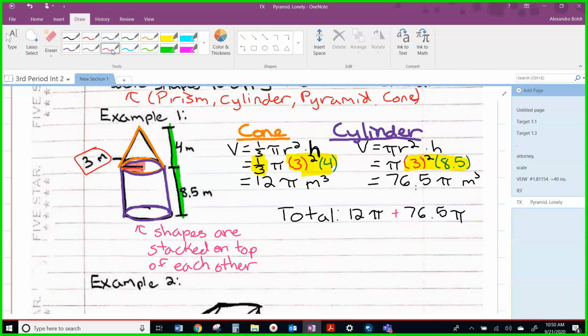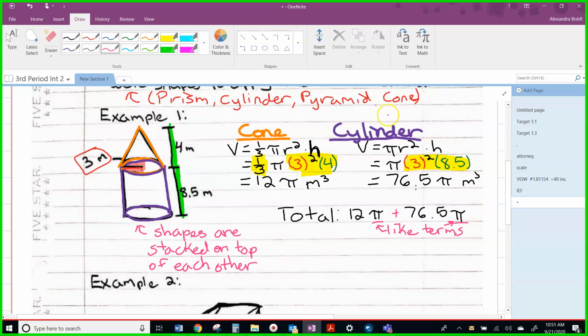Okay. Now, when I'm adding these, again, we have to be careful with these pi's. We don't type pi in our calculator, but we can't always add them or subtract them. So here, what I noticed is this has a pi and this has a pi. So these are like terms, because they both have that pi.